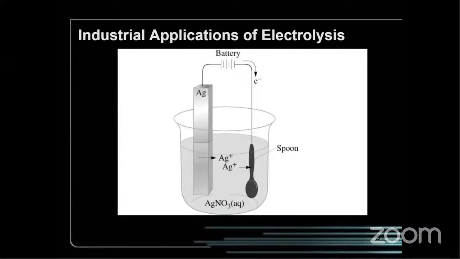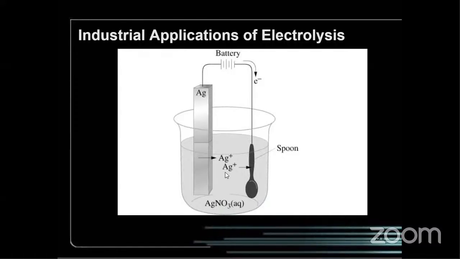So here I'm trying to coat the spoon. What am I coating it with? Whatever is over at the anode. In this case, I'm trying to coat the spoon with silver, so I make silver the anode. See, the silver is connected to the positive terminal, and the spoon to the negative.